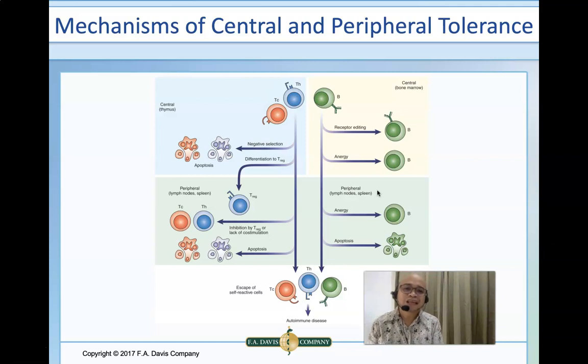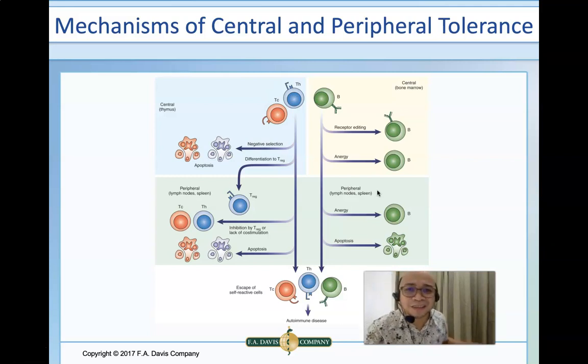When you say immunologic tolerance, it is defined as the state of immune unresponsiveness that is directed against a specific antigen, in this case, self-antigen. So immunologic tolerance is very important so that our immune system will not destroy self-antigen.